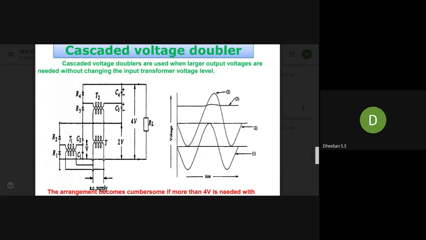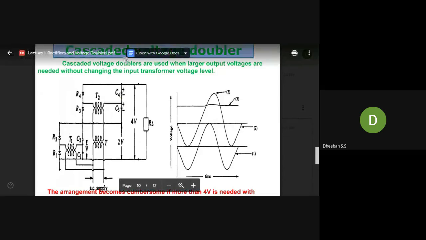Again, if you cascade another voltage doubler, you'll get another multiplication by 2, so you'll get 4V. Such cascading connections will be in multiples of 2. Cascading voltage doublers are used when large output voltages are needed without changing the input transformer voltage level. That is, the turns in the transformer will not be changed.